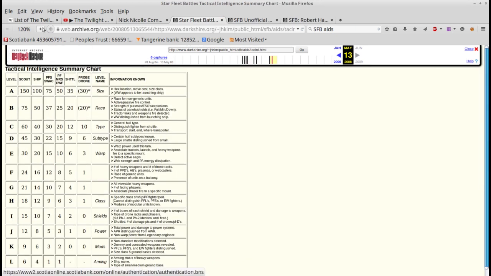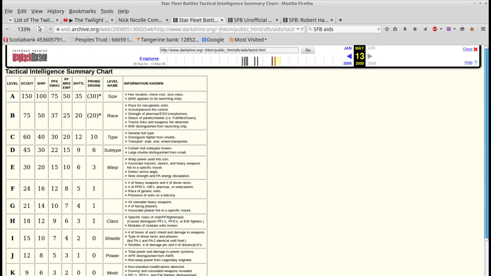This is a tactical intelligence sheet. So certain ships at certain ranges and under get to know certain pieces of information. That information will change as the range changes. So outside of range 30, you don't know if it's a D7 or a D7L or a D7S, that sort of thing.